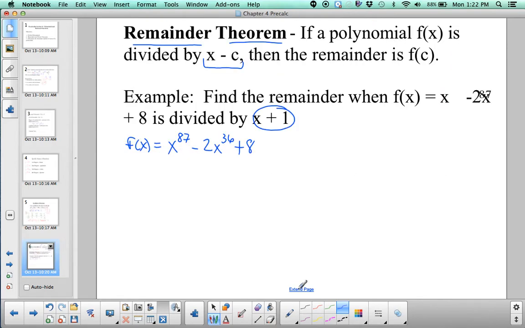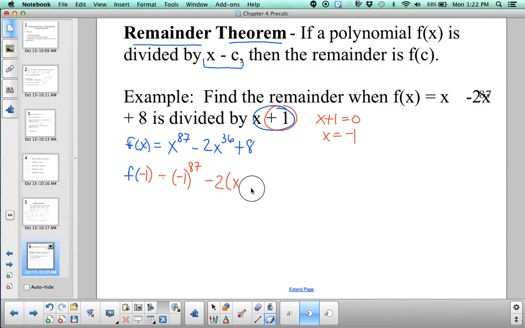If we use the remainder theorem, then we can just find f of the opposite of that, negative 1. Again, x plus 1 equal to 0, x equals negative 1. So we're putting in negative 1 here. Make sure you put this in parentheses: negative 1 to the 87th power minus 2 times negative 1 to the 36th power plus 8.